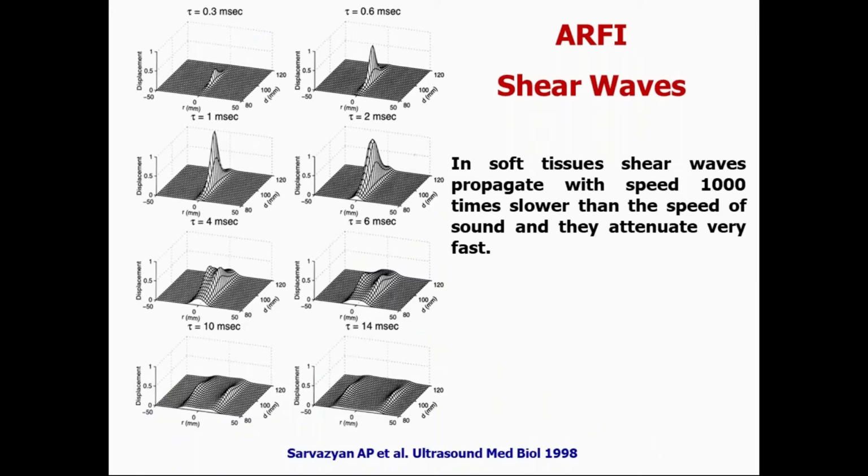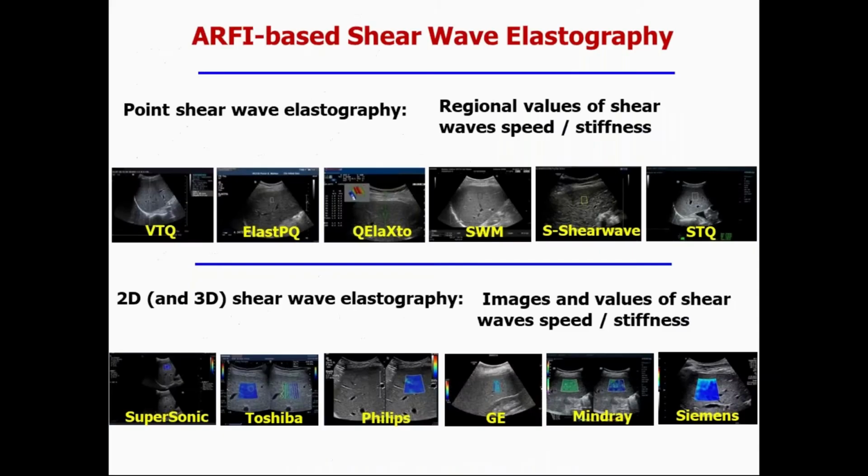The shear waves in soft tissue have a speed that is much lower with respect to the speed of the ultrasound beam, and they attenuate very fast.